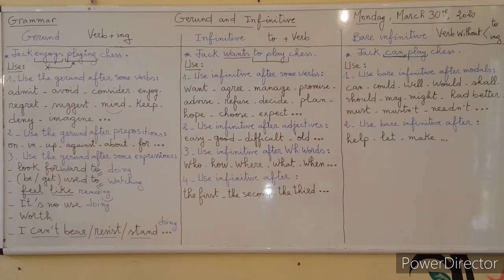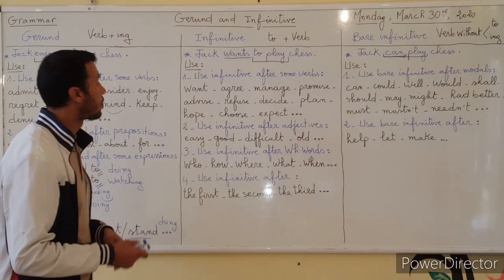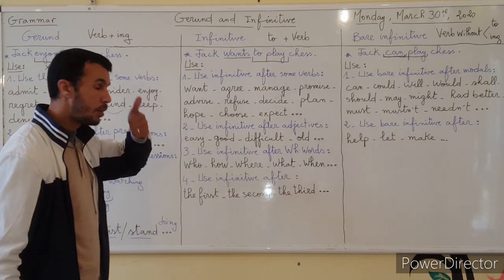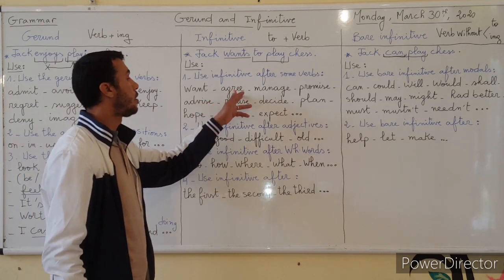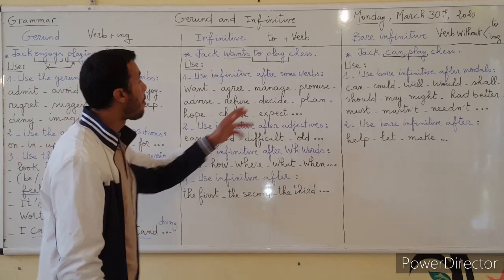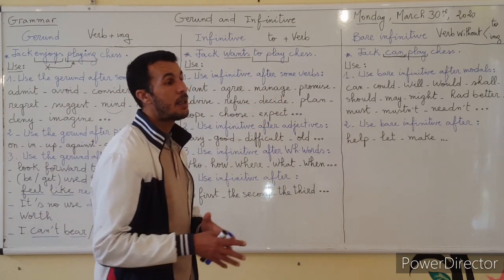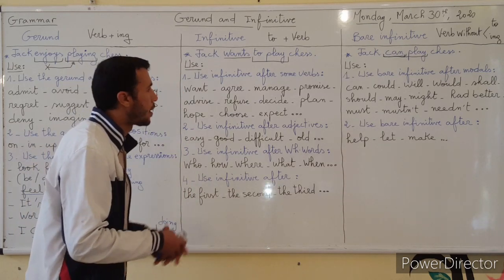Let's move to the part of infinitive now. We use infinitive after some verbs. Like what? I want to do my homework. Agree. I agree to do it. Manage. I manage to set my plan.